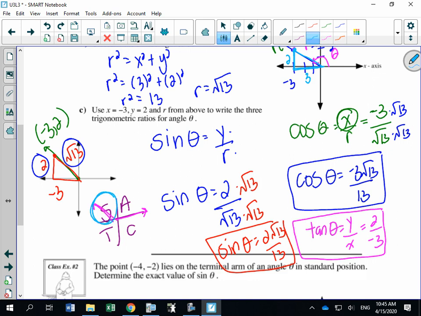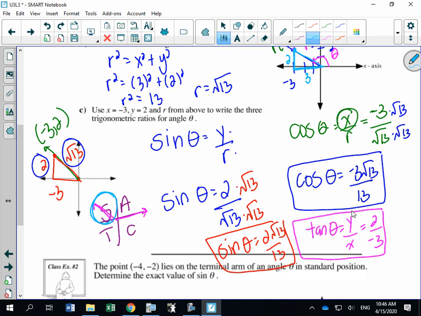The answer is sine. So when I look at these answers, sine better be positive, and it is. In this quadrant, cosine and tangent are negative, and sure enough, these answers are negative. So that's where we apply the CAST rule.